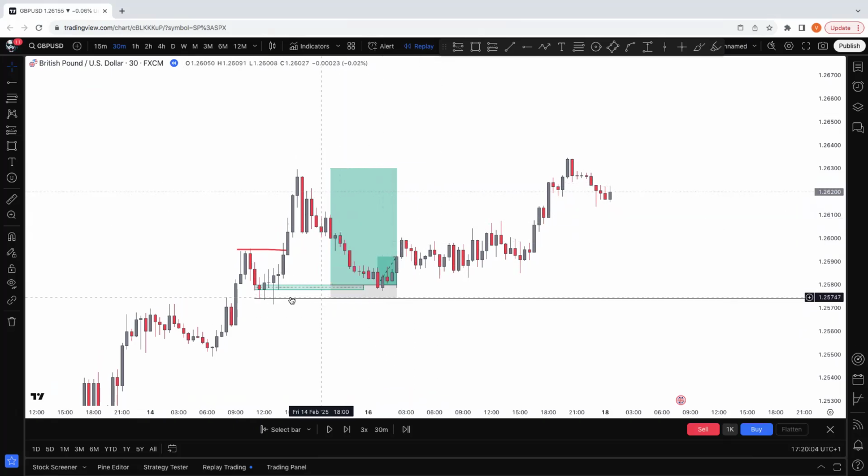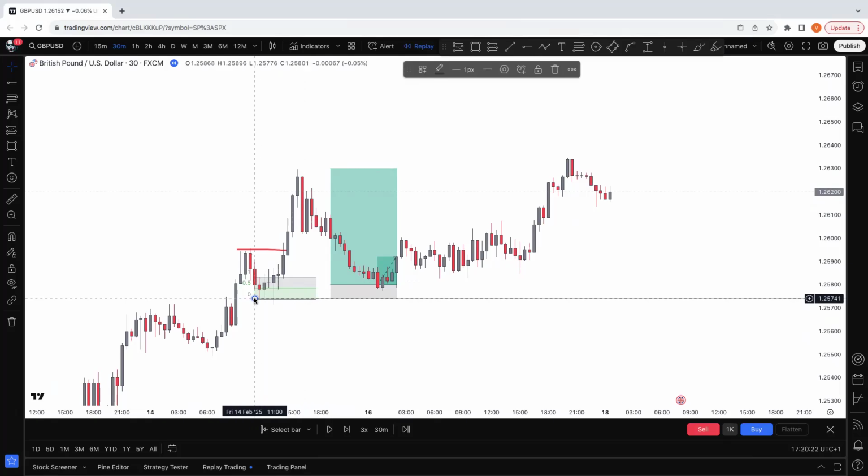Now, the next type of entry is using 50%, right? You're just going to measure 50% of the candle. You can use your Fibonacci tool to measure it.